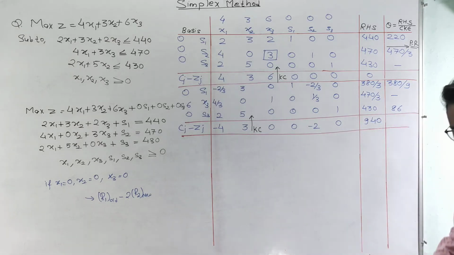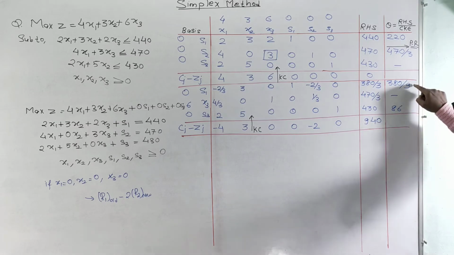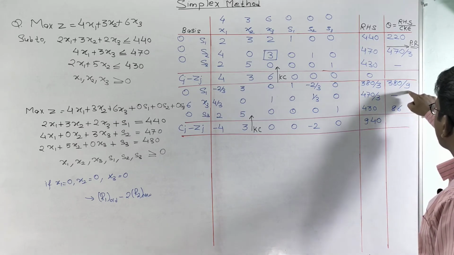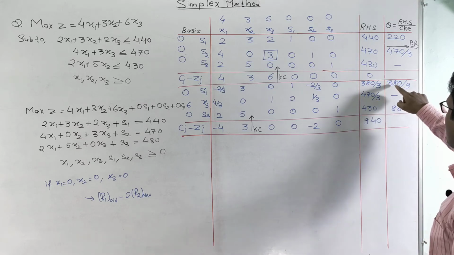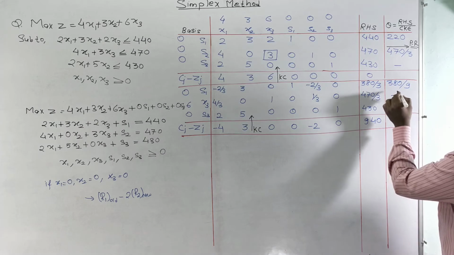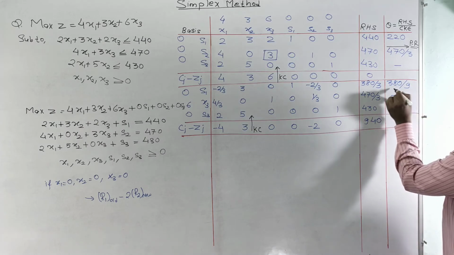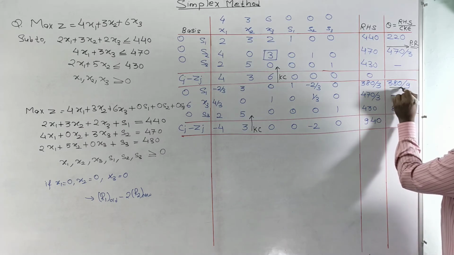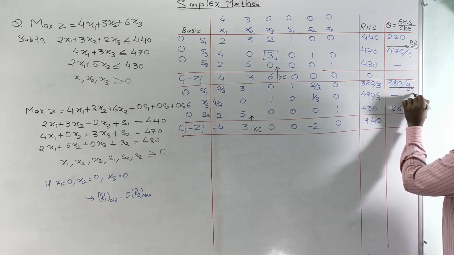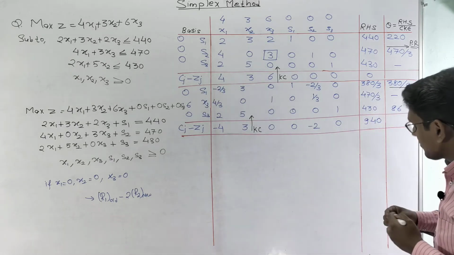And now we need to select the minimum positive value here. The minimum positive value is around 42, so this will be our minimum value, and this row is called the pivot row.